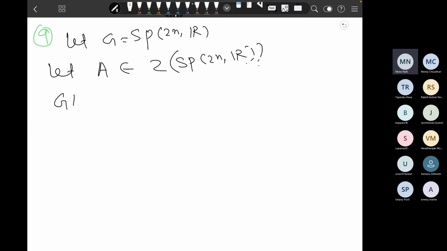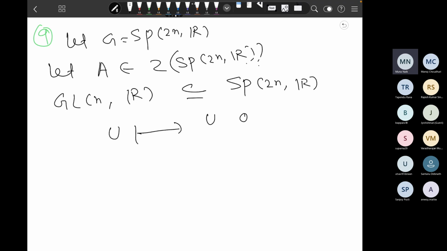We have this embedding GLn(R) sits inside Sp2n(R). And what is the embedding here? I have discussed this thing when we proved that this is non-compact. This will go to u, 0, 0, u transpose inverse, and this belongs to Sp2n(R).